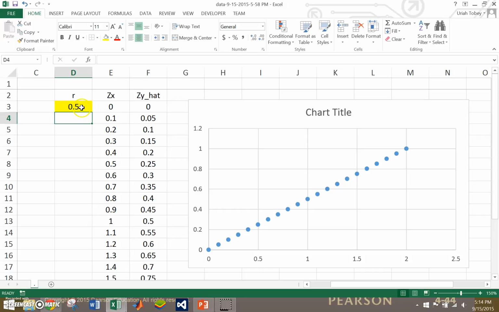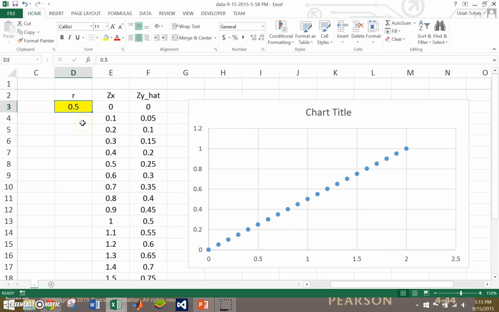So if the data doesn't look very straight, notice if zx is 1, zy is only 0.5. So as our correlation coefficient shrinks, our zy values are getting closer to 0. They're getting smaller. In fact, when zx is 2, zy is only 1, so it's half as big as zx.